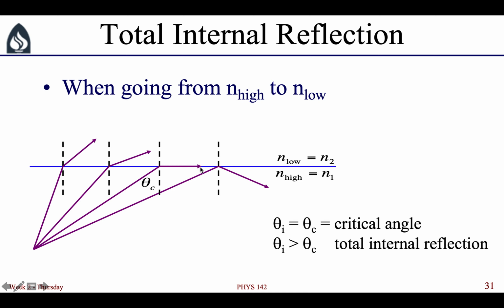When this happens, when you get this angle of refraction being 90 degrees, the incident angle is known as the critical angle. Any angle that's bigger than the critical angle will result in total internal reflection. None of the light will escape into the air, into the material with the lower index of refraction. All of it will be reflected back into the original material.